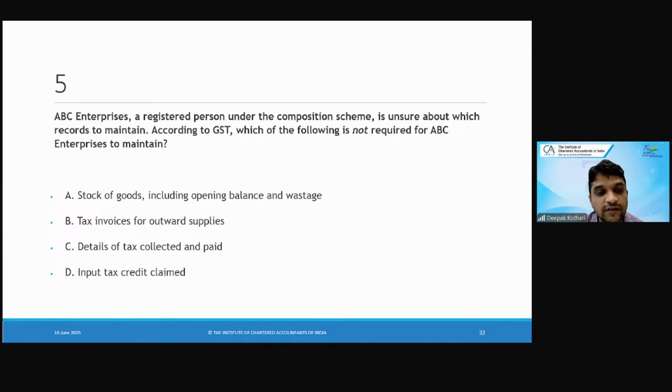No. The fifth answer is D. For the composition scheme, people are unsure about which records to maintain, because stock of goods, they don't have to maintain. Tax invoice for outward supply, they don't have to maintain. I mean, they have to maintain. So which one they don't have to maintain is input tax credit, because they cannot claim the credit. Correct. Can they claim ITC? They cannot, right? That's it.